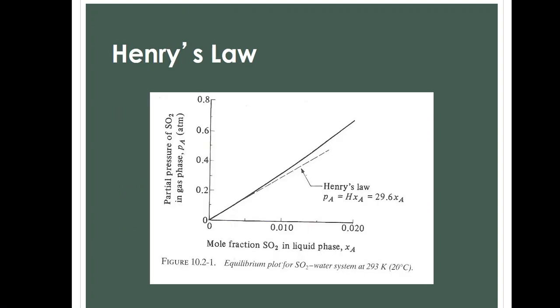And this is the linearized curve. So this is the original curve. Henry's law linearizes it in the form of this line. So partial pressure now has a linear relationship with mole fraction in the liquid phase for this system given as an example, the SO2-water system.